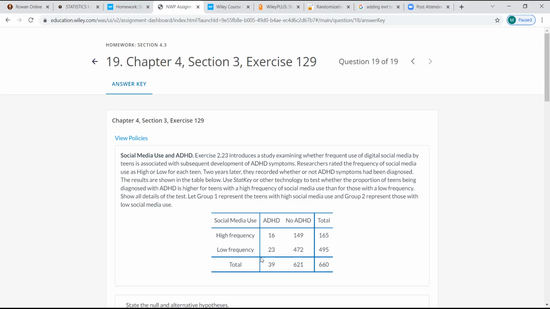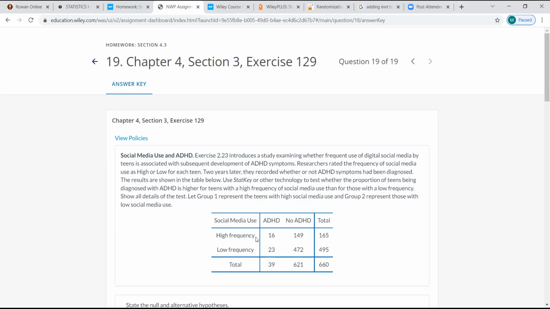And then for the low frequency group, the proportion is 23 divided by 495. It's not 23 divided by 39. So the difference in proportions would be 16 divided by 165 minus 23 divided by 495. I wanted to bring that to your attention so that you know exactly what's being tested here. Those are the two groups.